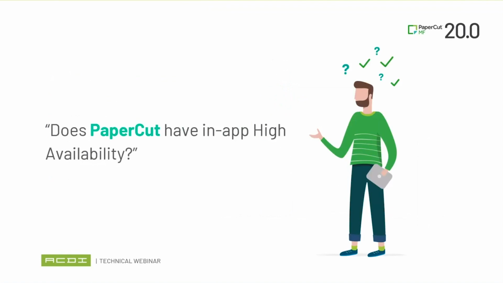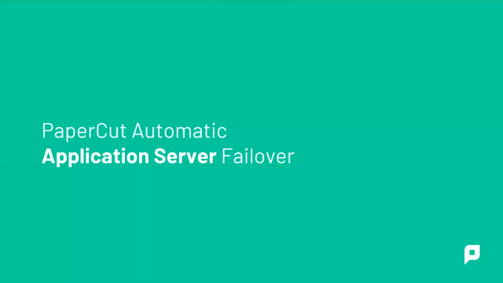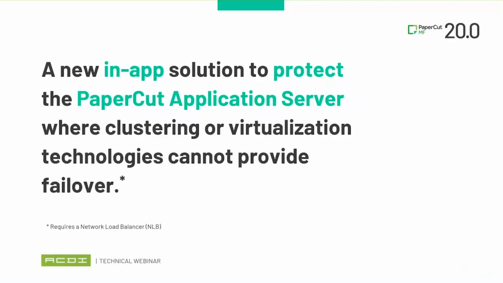So the question becomes, does PaperCut have in-app high availability? And this actual question does come up on RFIs and RFPs. And the answer now is a resounding yes. With the use of a network load balancer, this new in-app solution will protect the application server where clustering or virtualization technologies cannot provide failover.